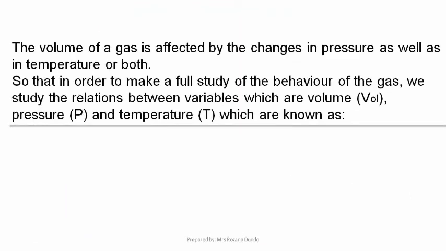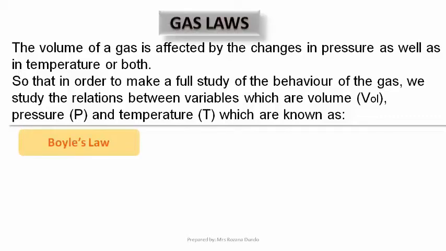The volume of a gas is affected by changes in pressure as well as in temperature, or both, so in order to make a full study of the behavior of the gas, we study the relations between variables which are volume, pressure, and temperature, which are known as gas laws. Gas laws are three.